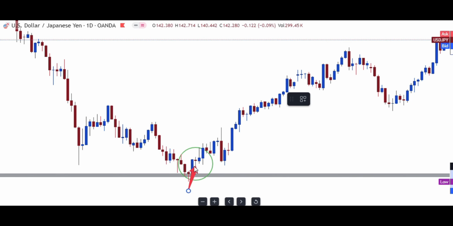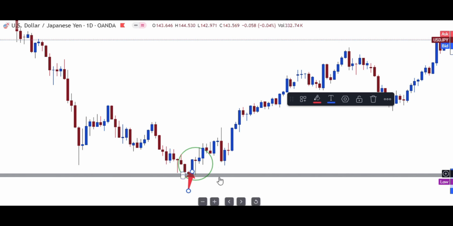That dragonfly is also an indecision candlestick, but it shows that there is an impending reversal in most cases. We can see a long wick reaction at the support here, indicating that there's a lot of bullish momentum, guys. So we are looking to buy after the close of this Dragonfly.